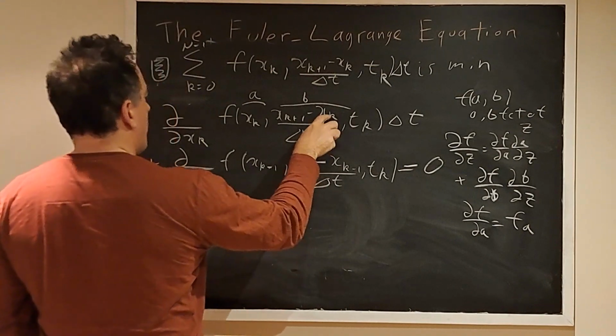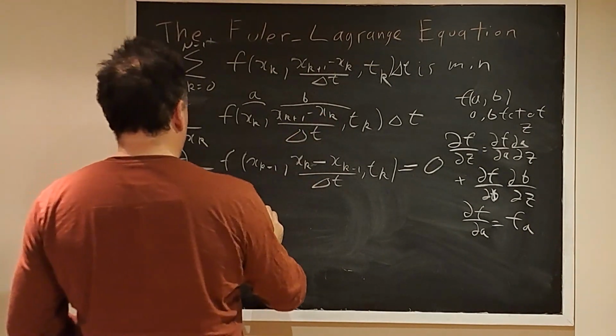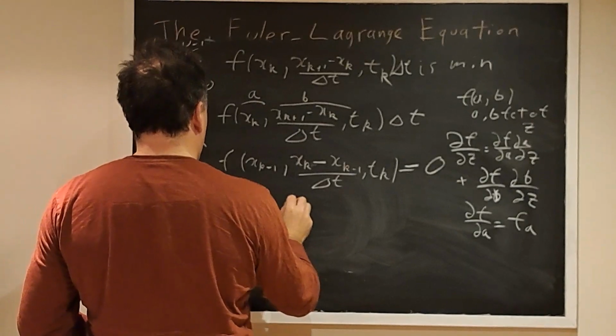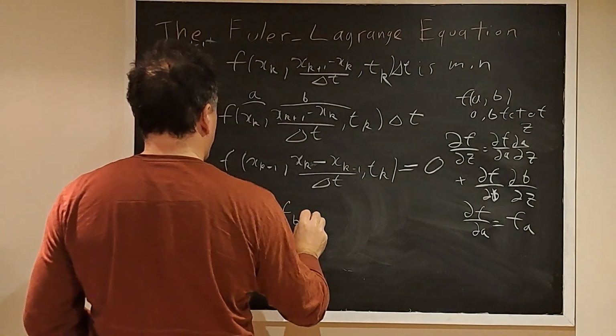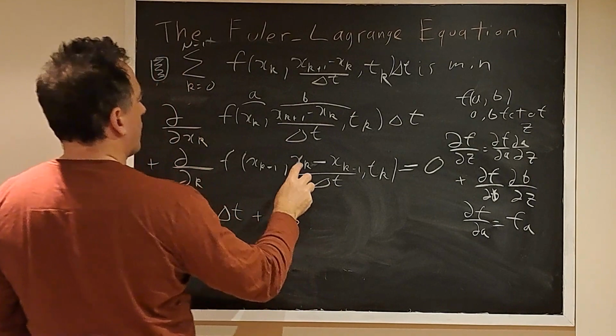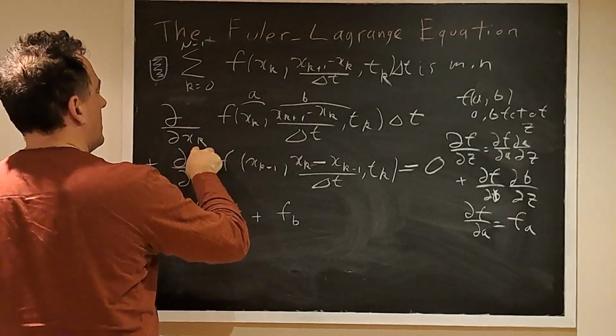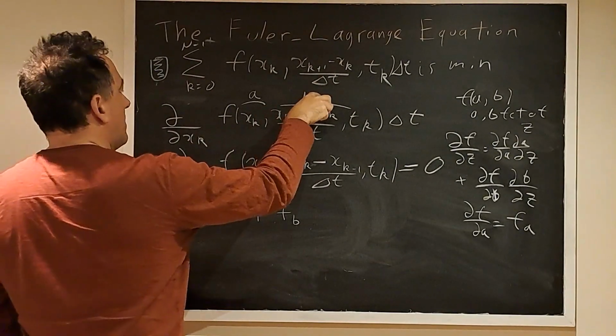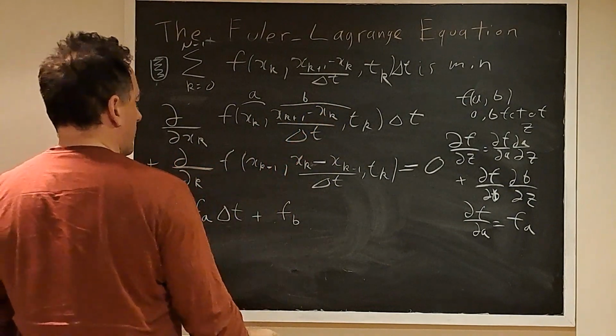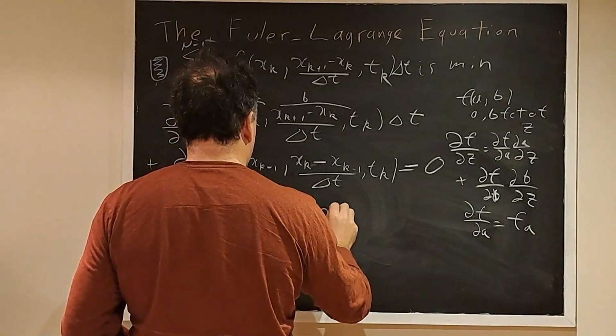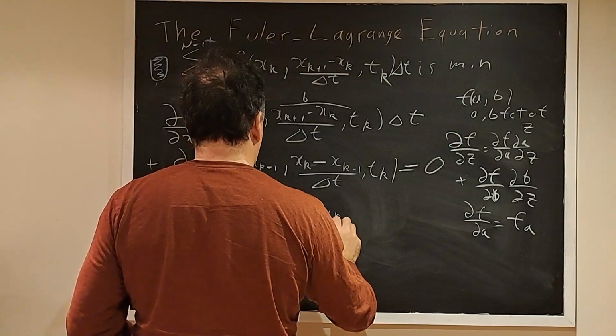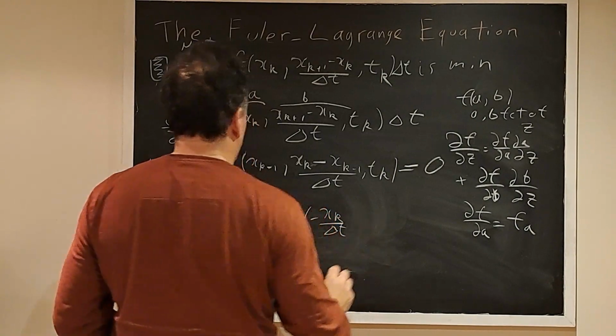And then there will be another term here, plus fb. But now we have to be careful. The derivative with respect to xk of b is minus 1 over delta t. So that's fb times minus 1 over delta t.